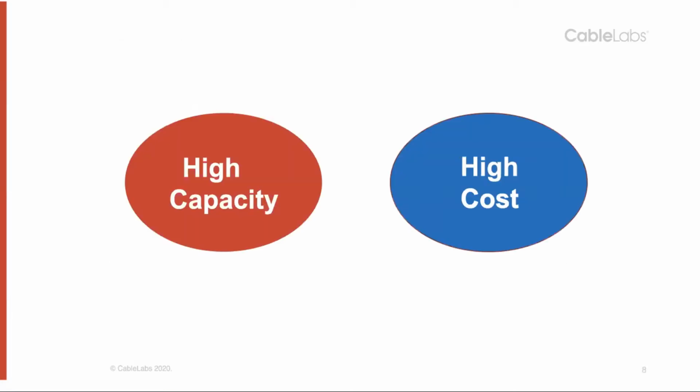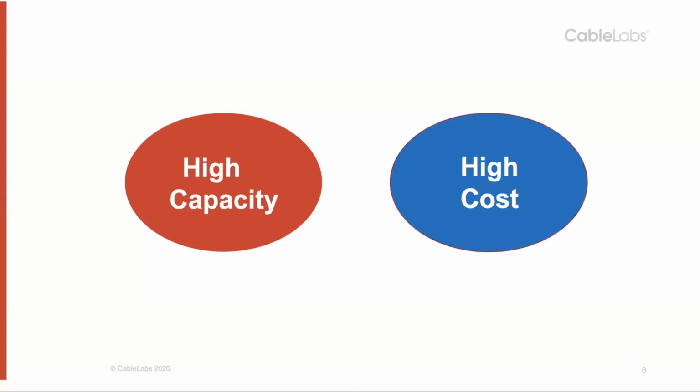We are bullish on coherent optics as a technology that will help us evolve our optical access networks. While traditional coherent optics provides high capacity in backbone and regional networks, it is still at a high cost to be deployed in the access portion.